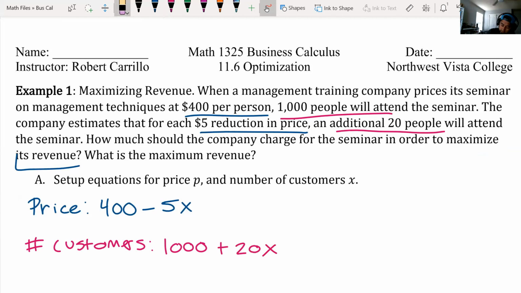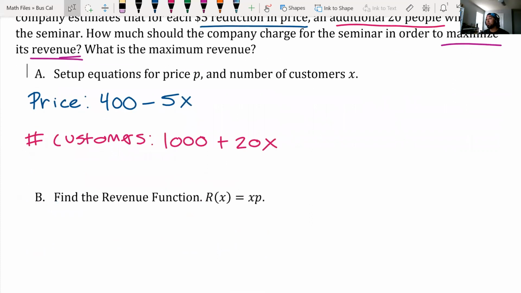All right, that does look ugly. Let's do this. Maximize revenue. Okay, which means we have enough information to set up our revenue function. And remember, revenue is given by the number of items, the number of people, the number of customers, times the price. So to set up our revenue equation, it's going to be R of x equals the number of customers.